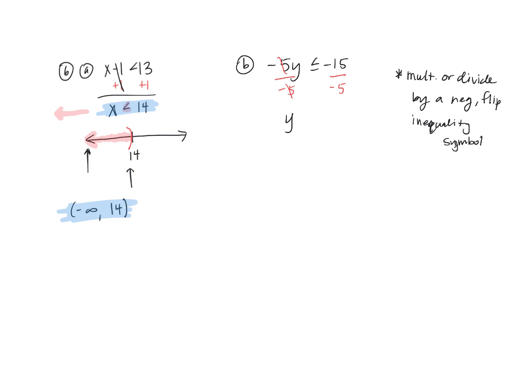Okay, so that's the case here. I'm dividing by a negative 5. So now instead of a less than or equal to, I'm going to have a greater than or equal to. Negative 15 divided by negative 5 is a positive 3.